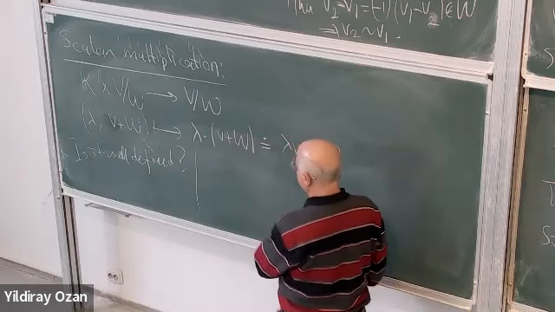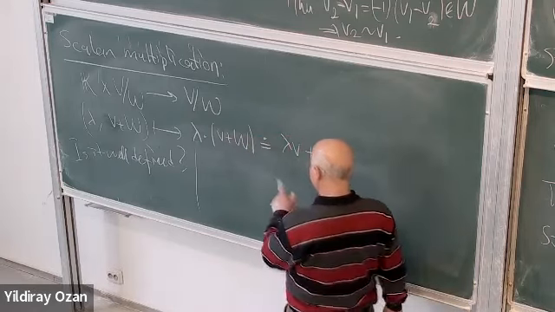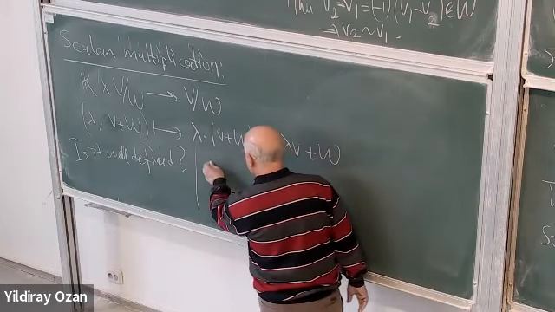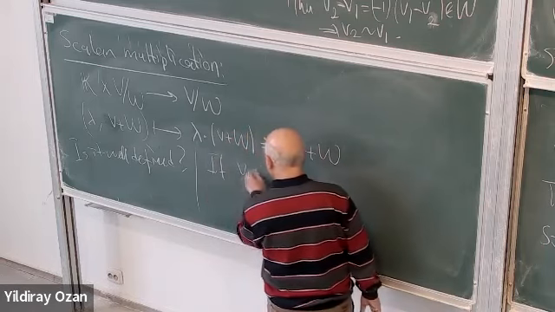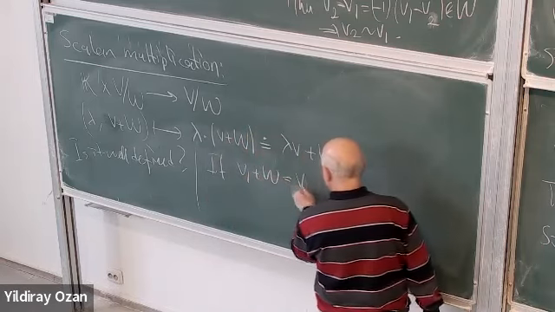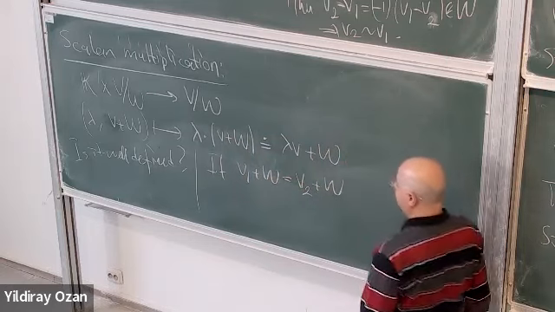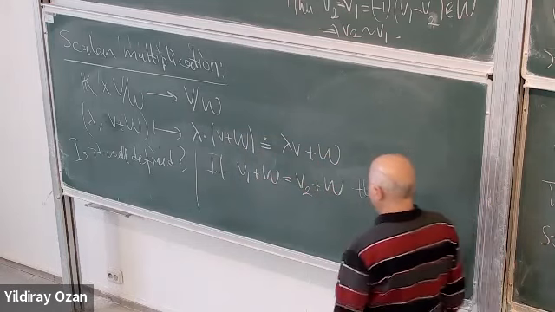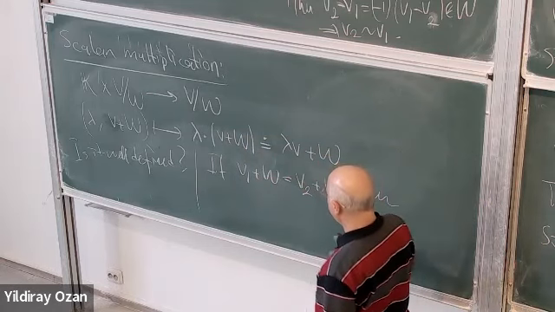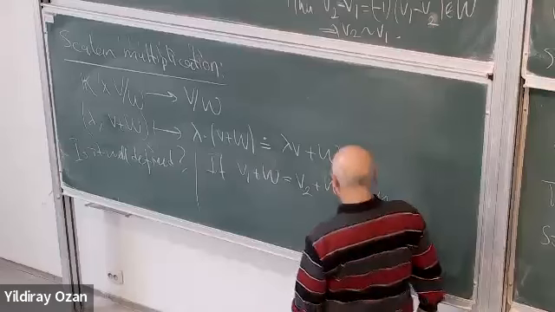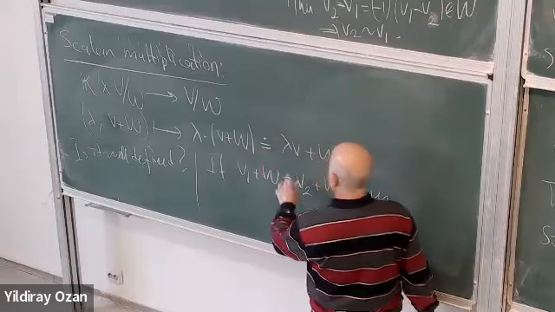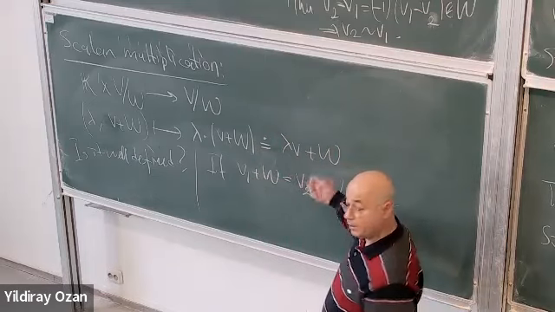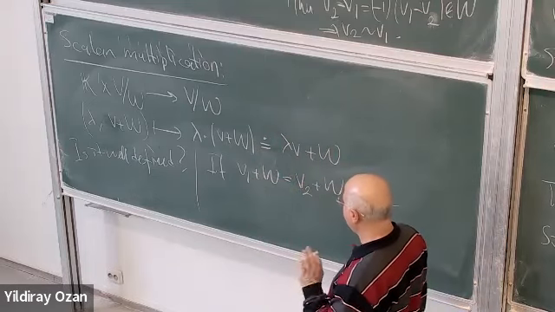Okay. Let's see if it is verified. So what we have to prove is the following. If V1 plus W is represented by some other vector, then we should show that lambda V1 and lambda V2 represent the same equivalence class.